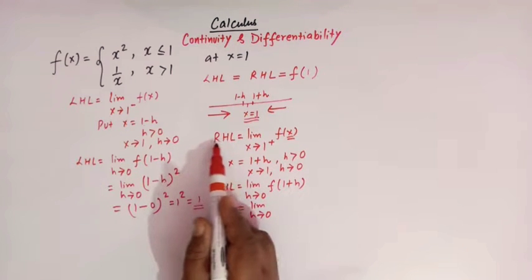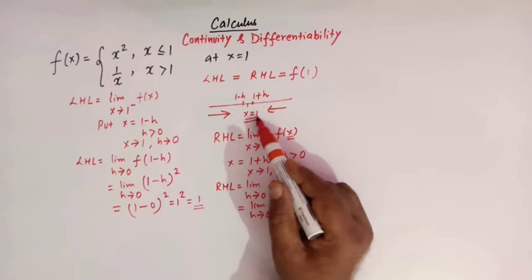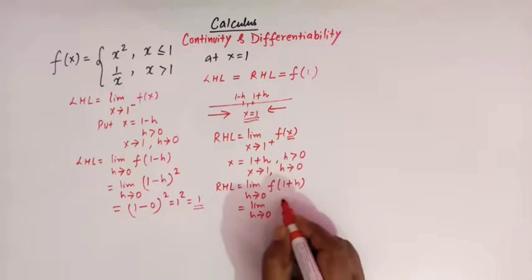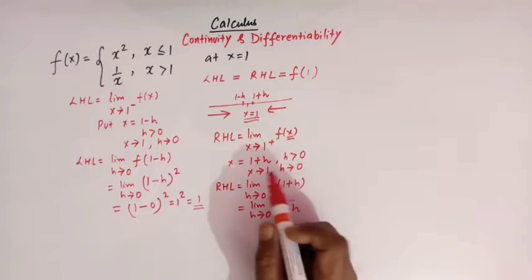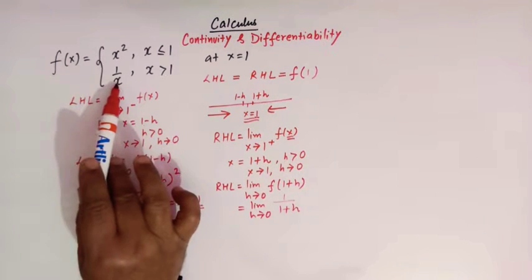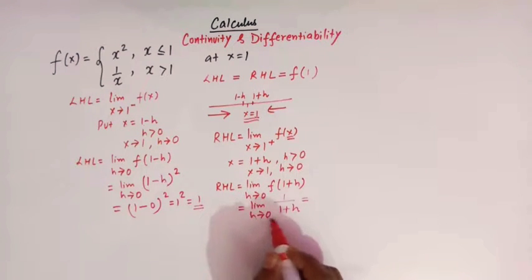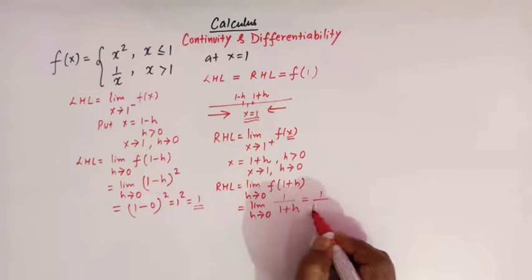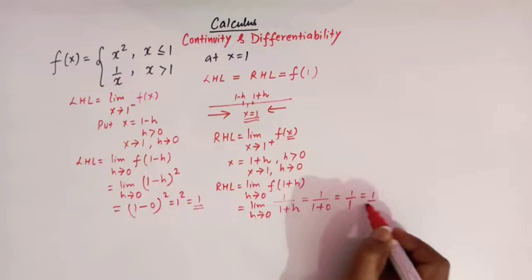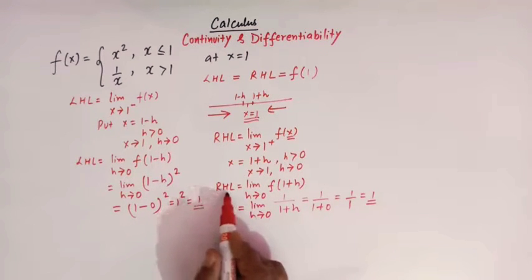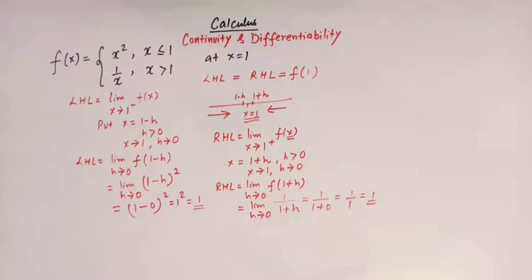So for the right hand limit, all the values are greater than x is equal to 1. So here we have 1 over 1 plus h. Now h tends to 0, so we have 1 over 1 plus 0, that is 1 over 1, that is 1. So the right hand limit is also finite, and it is equal to 1.